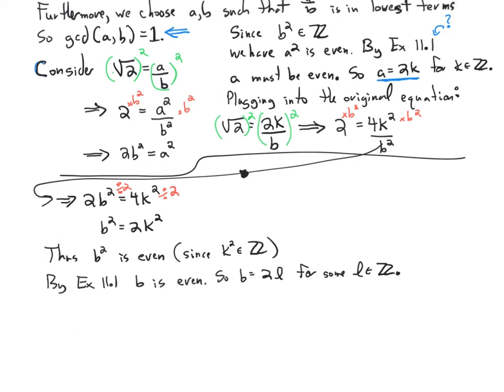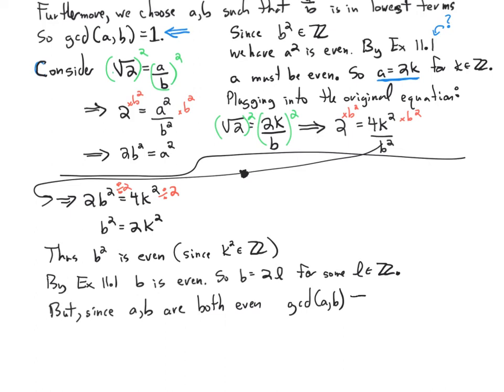So since A and B are both even, we know that the greatest common divisor of these 2 numbers, well, it can't be 1. It has to be bigger than 1, since we know 2 is a common factor. That's a greater number than 1, and it's definitely a common factor of A and B, since they're both even.